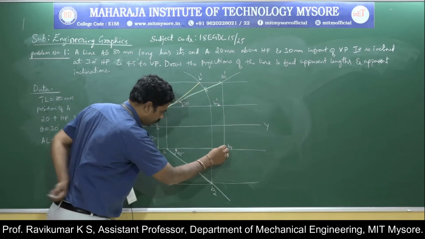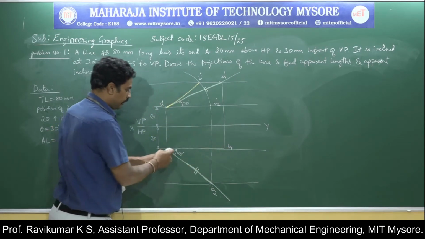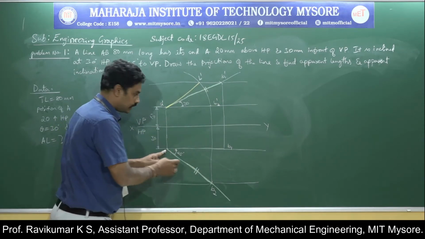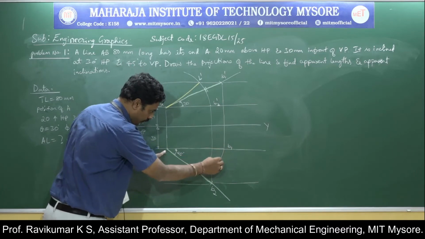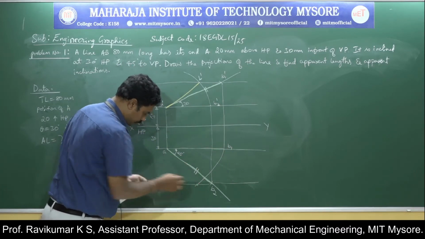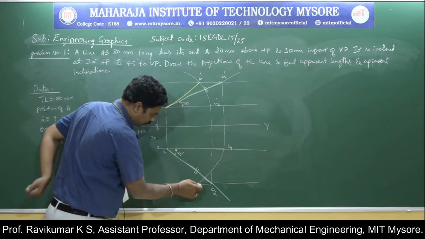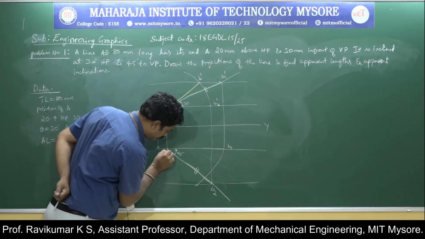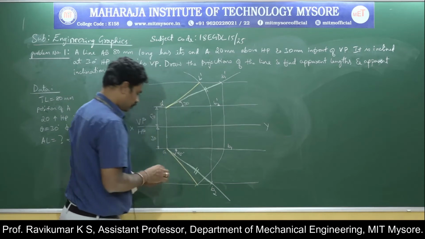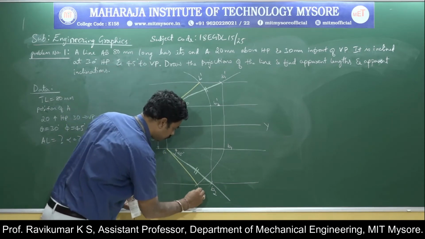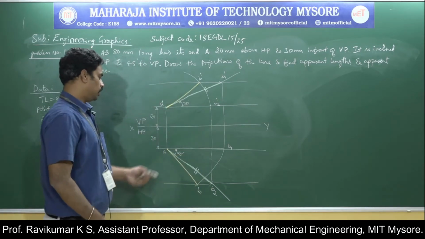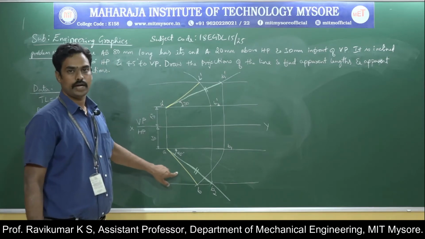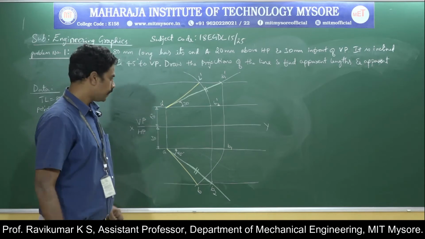So I am taking off the inclination by rotating A B1 with respect to A. I am keeping A as center, A B1 as radius. Rotate this to get this point, wherever that curve meets the locus of point B. Mark that point, join those two, you will get the apparent length. So this is how you need to get the apparent length. Okay.